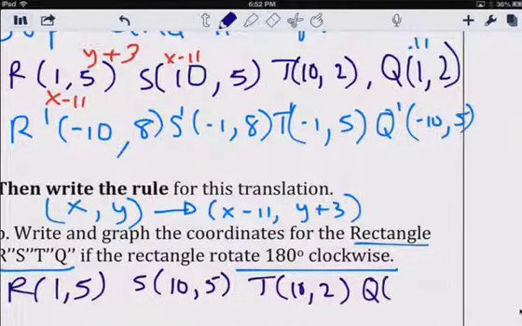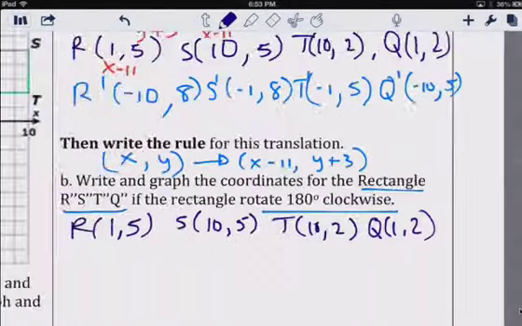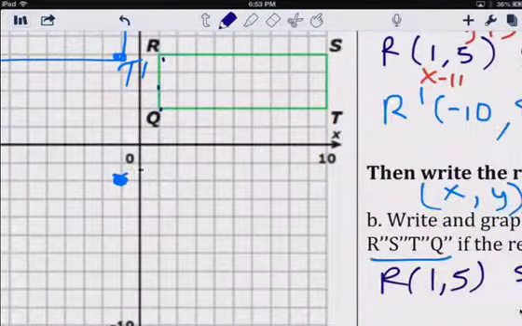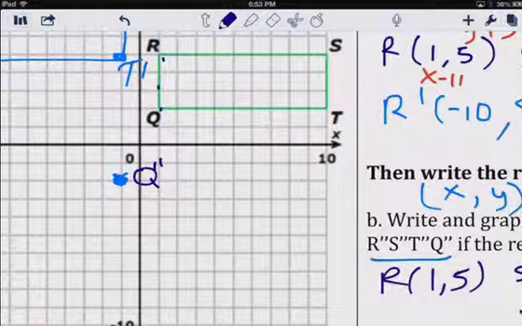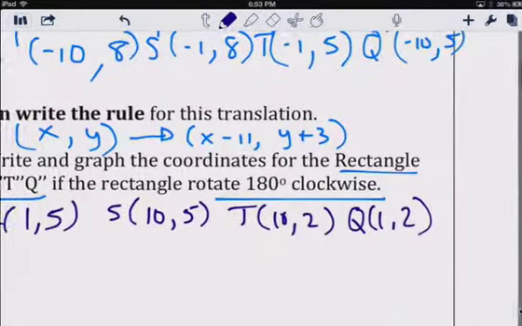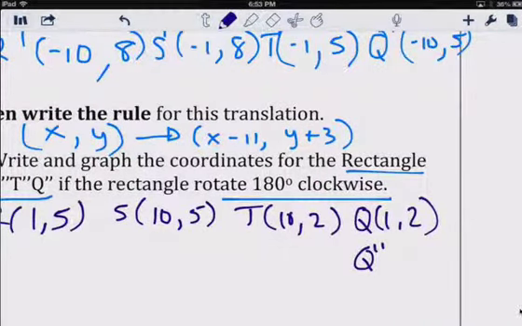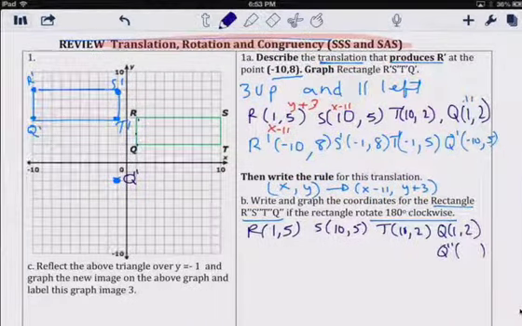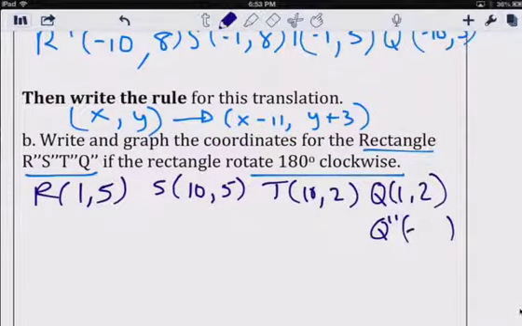Q is 1, 2. Okay, so here we found Q double prime. Q double prime is at -1, -2. Okay.